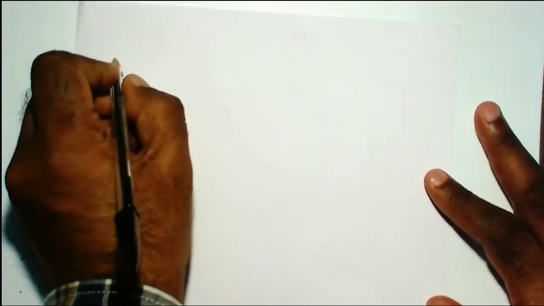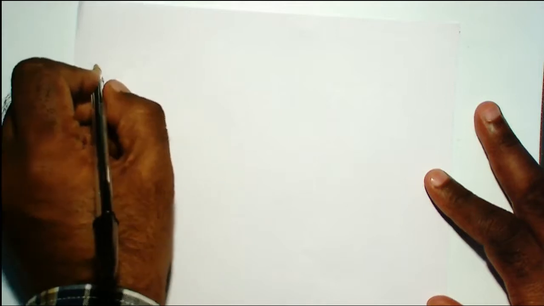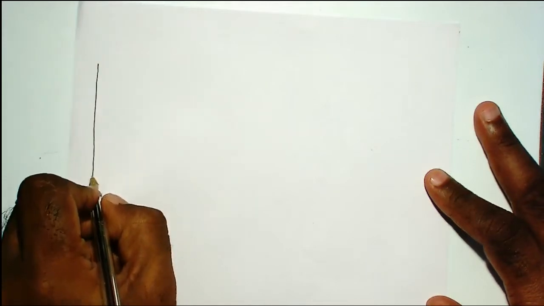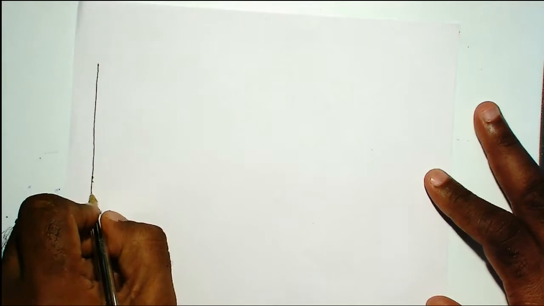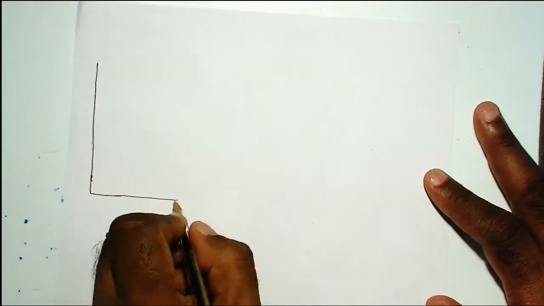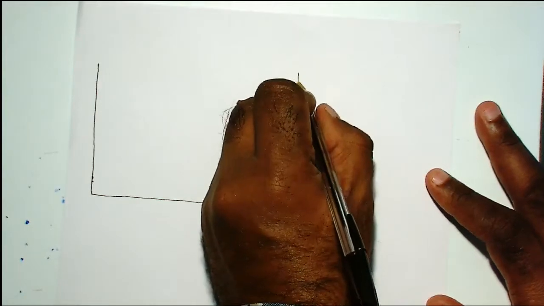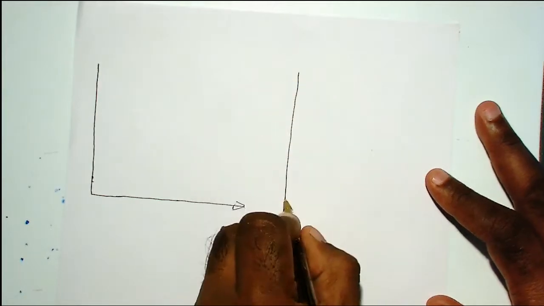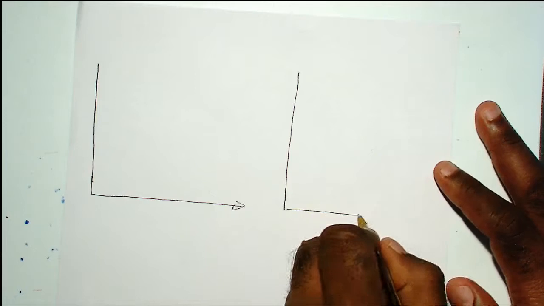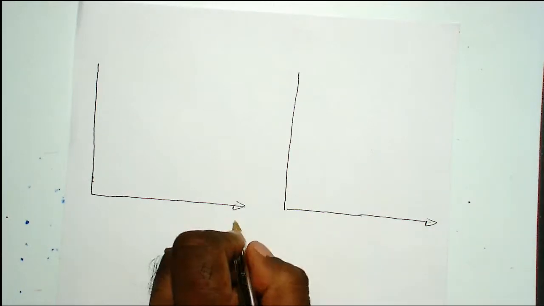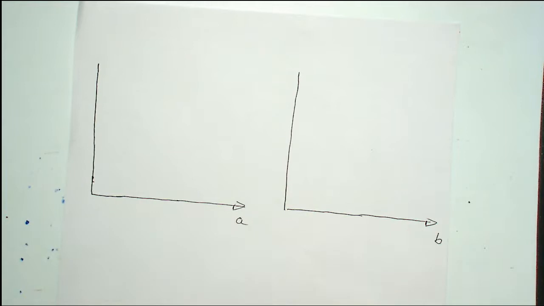Because we have two parameters, a and b, we need two graphs, right? The first graph is versus a, the second graph is versus b.